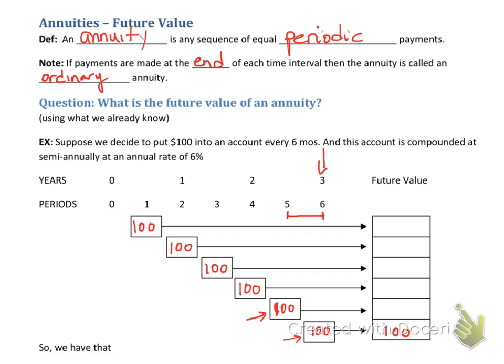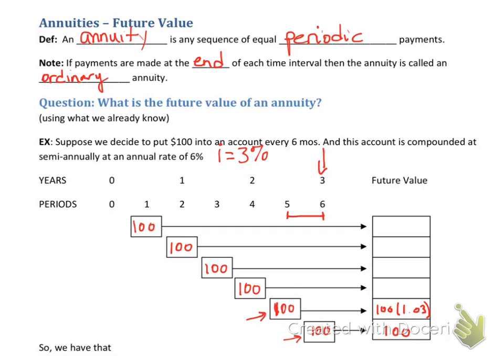Now the interval is a half year. If the annual rate was 6%, then the interest rate for the half year, the semi-annual period, is going to be 3%, right? 6% is divided by 2. And so over one of those compounding periods, you're going to gain 3%. In other words, 100 times 1.03.